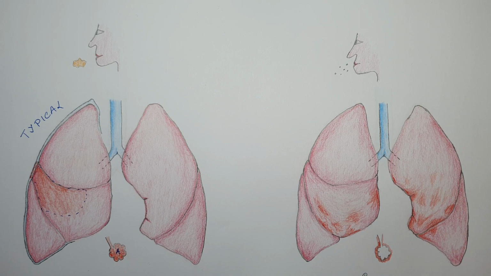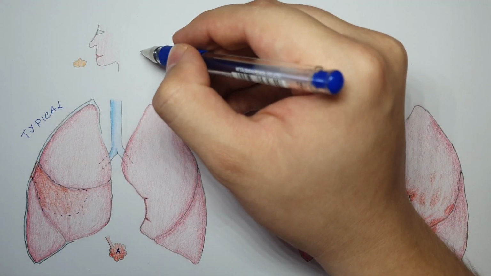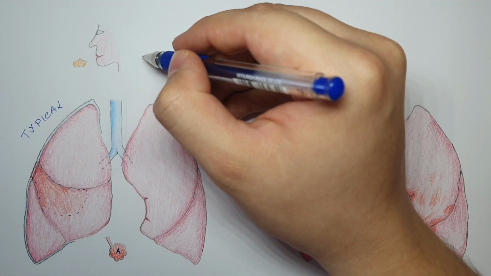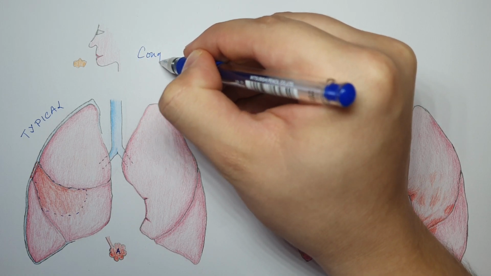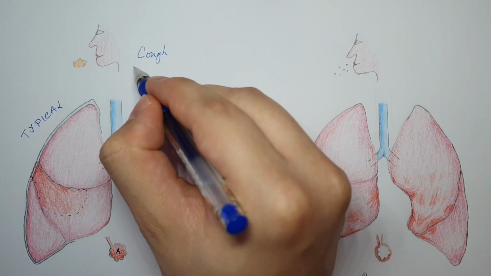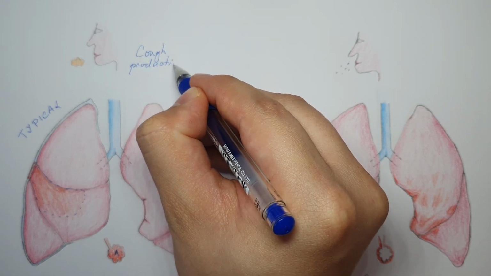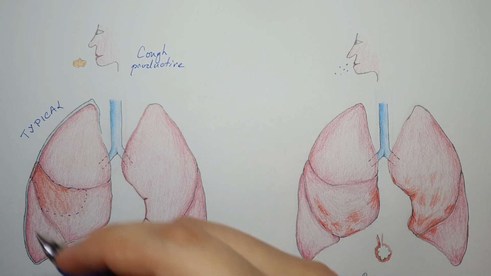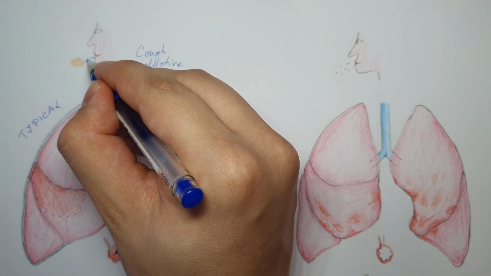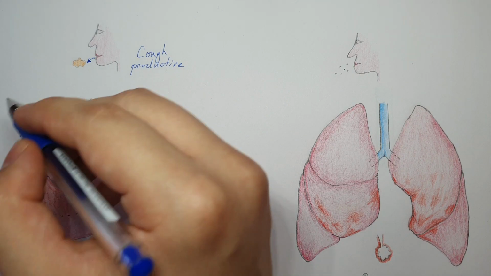Also, these patients have a productive cough. Most of the time, the cough is productive. Most of these patients produce sputum, and this sputum is most of the time purulent.